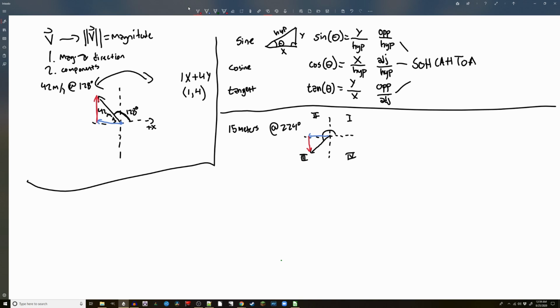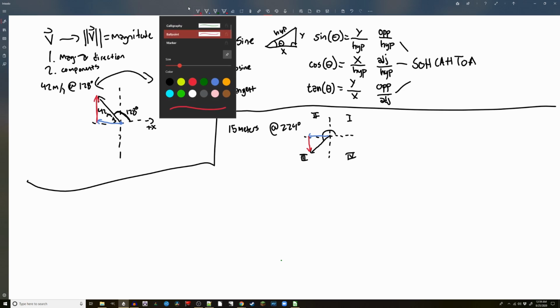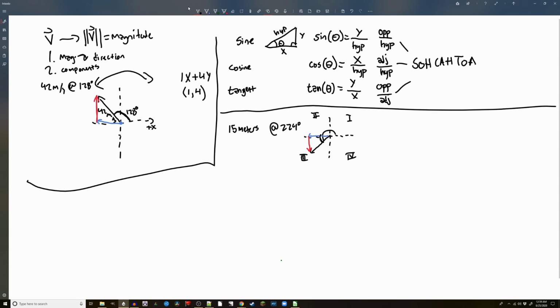Okay, so at the end of this problem, we're going to need to remember to put a negative into both of our x's and y's, because it might not come out of the math. Let's just make sure, a mental note just to check. In order to do this math, though, we need to figure out what this little interior angle in the triangle is. We know the big one is 224, and we know all the way to here is 180.